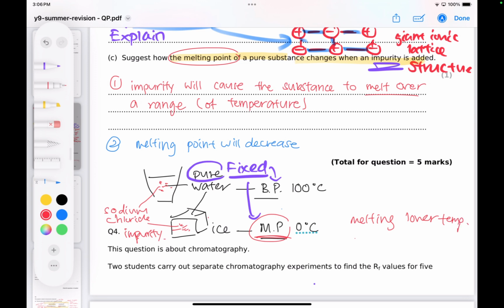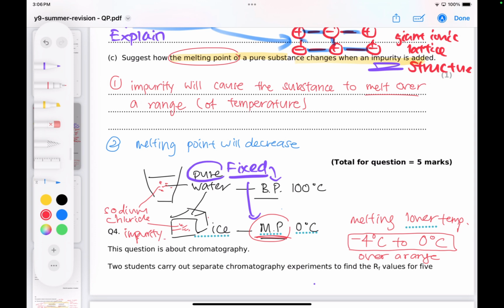For example, it can start melting at -4 degrees Celsius, and it will continue to melt over a range. Over a range means it does not have one fixed value. It would be melting between these values. There is no one fixed value that it will melt at, unlike pure substances which have a fixed melting and boiling point.